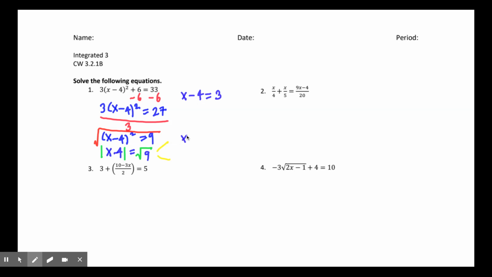And then x minus 4 equals negative 3. And then you add 4 to both sides, here and here. So you get your first answer is x equals 7, and the next one is x equals 1. And those are your two answers.